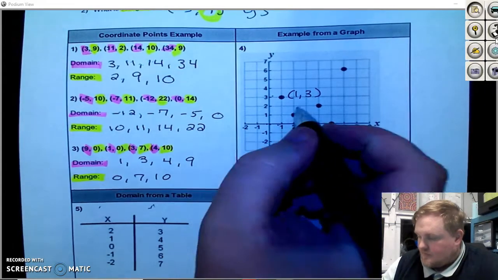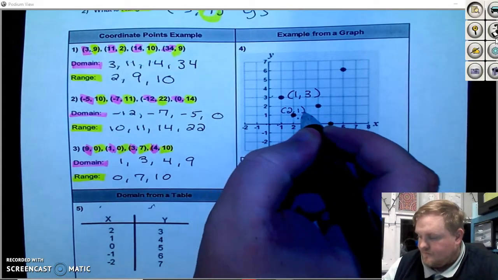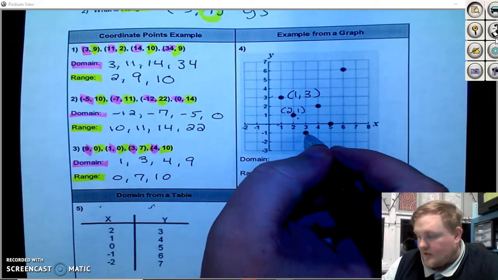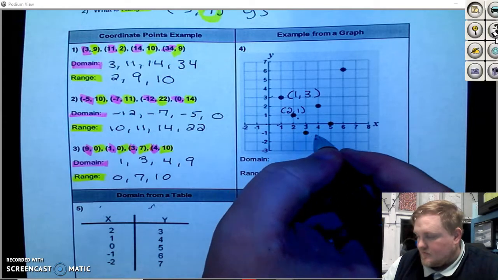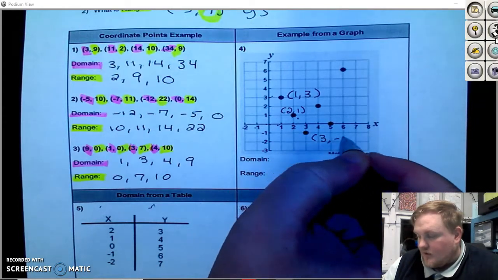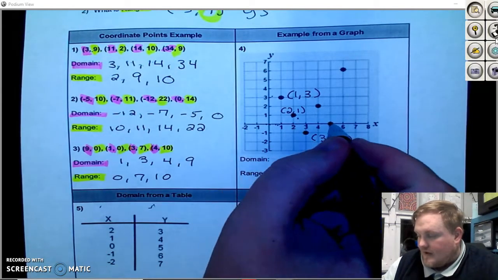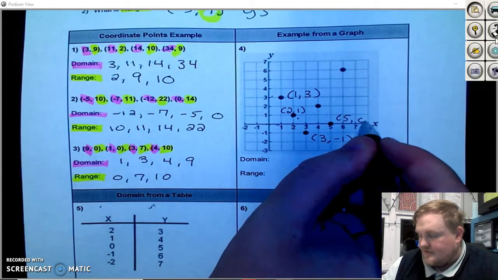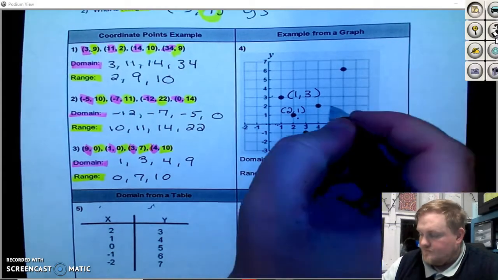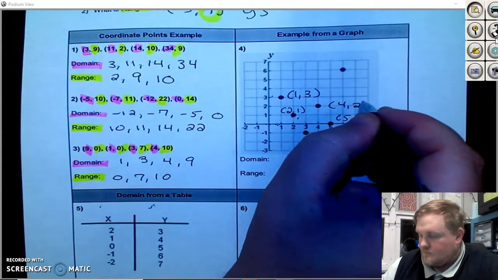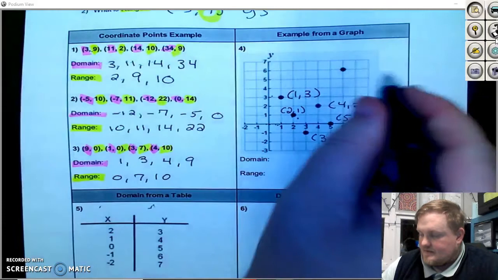This coordinate here, I go over 3 and down 1, so it's 3, -1. I go over 5, up 0: 5, 0. I'm just plotting the points, kids. Over 4, up 2, then over 6, up 6.